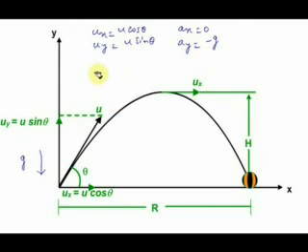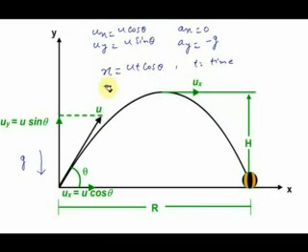So in time t, the projectile will travel a distance x along the horizontal direction, which will be given by x = ut cos theta, where t is time.